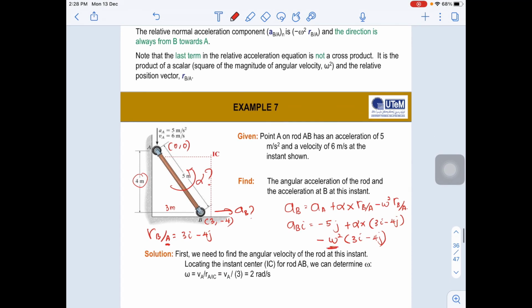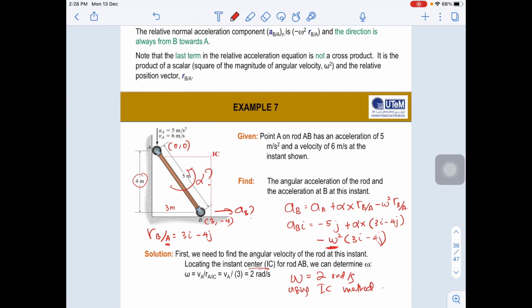So you must find what is omega. Okay, so omega you can find using IC method, or you can find using relative motion method, as we learned before lah. So you can find what is omega. Omega is 2 radian per second using IC method.